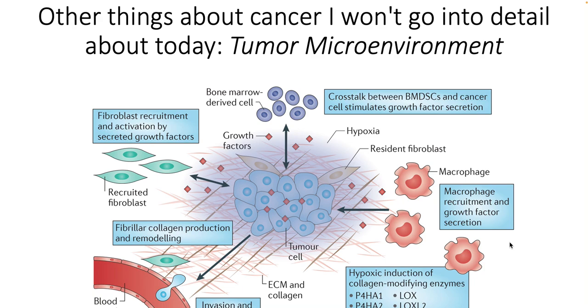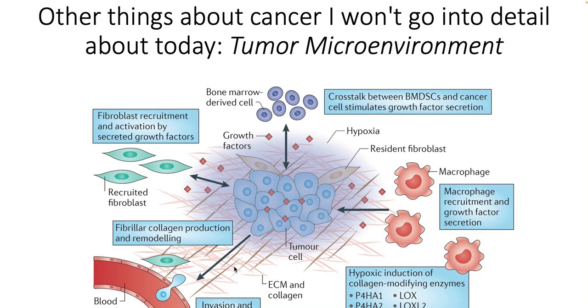One thing I won't go into detail today, but another really important thing to the development of a cancer tumor is the tumor microenvironment. So this is things like, is there a blood vessel nearby? Because if there is, then there can be intravasation into the bloodstream, and that's how you get metastasis.